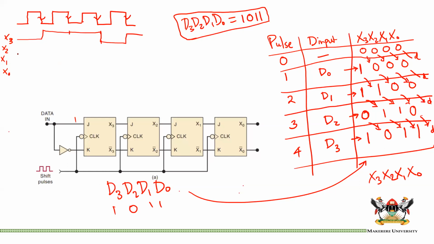X2 is at 0. It will stay at 0 until the second clock pulse, when it becomes 1, and it will remain 1 until the third clock pulse, when it goes to 0. X1 is going to be 0 through the first.